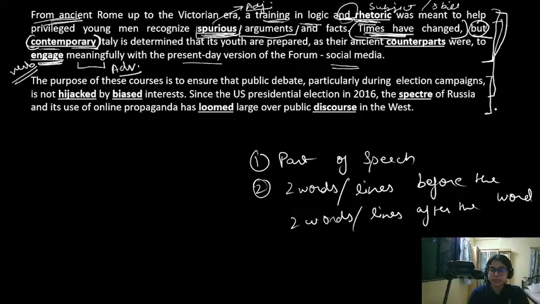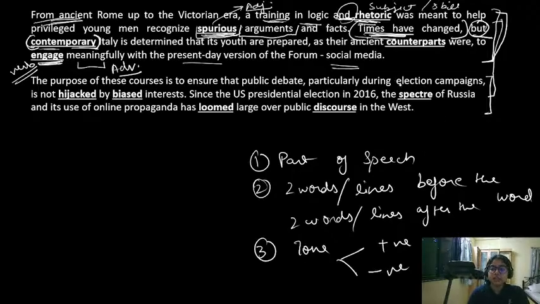Let's focus on this paragraph. The purpose of these courses is to ensure that the public debate, particularly during election campaigns, is not hijacked. Now, the third way is tone. Tone means: is this word positive or is this word negative?